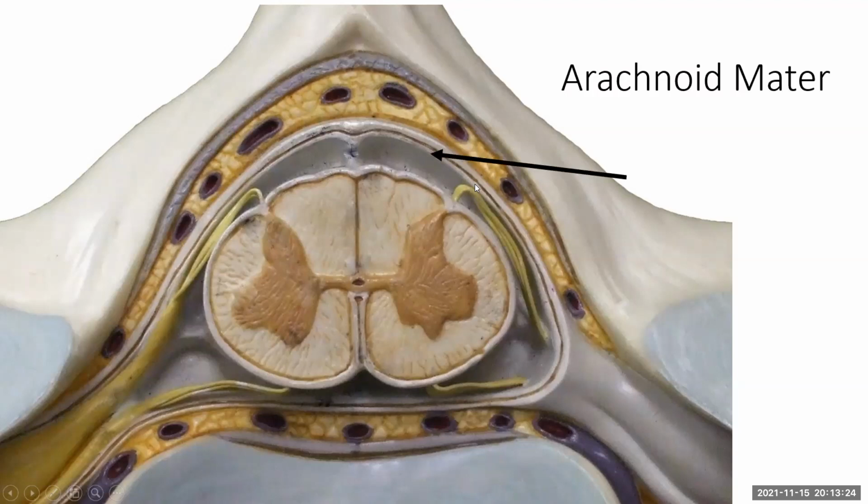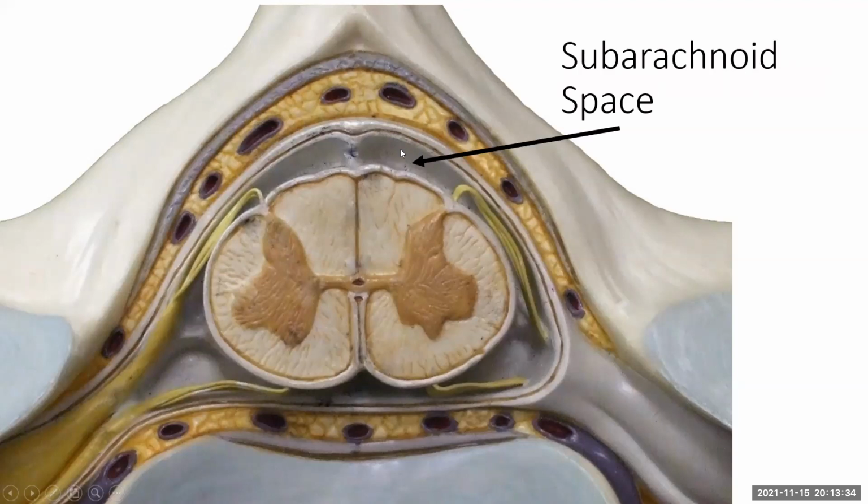This next gray line here is the arachnoid mater, our spidery mother. Then you'll notice just deep to that is the subarachnoid space. Again, a very important area, because the subarachnoid space is not an empty space. It's filled with our cerebrospinal fluid.